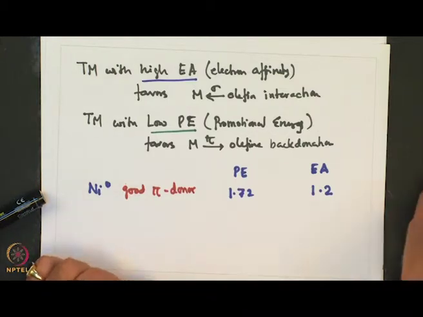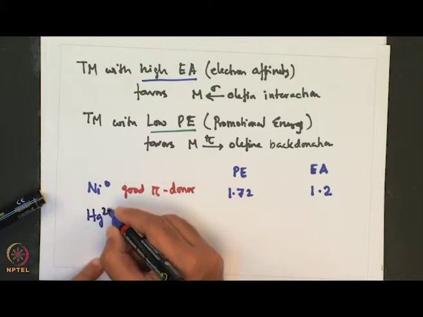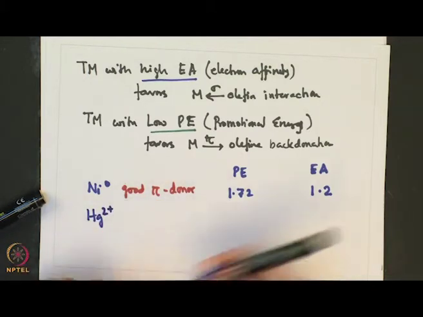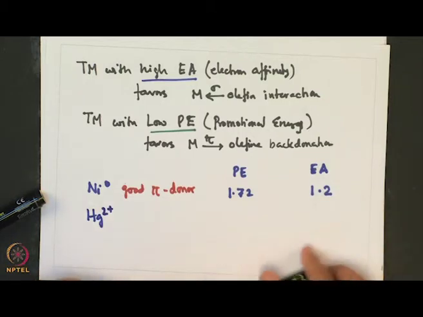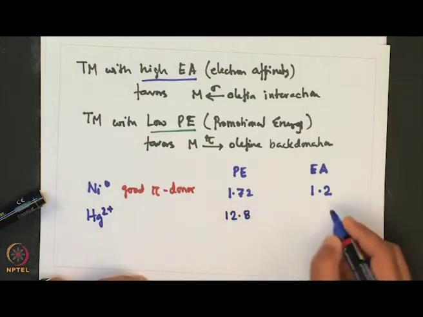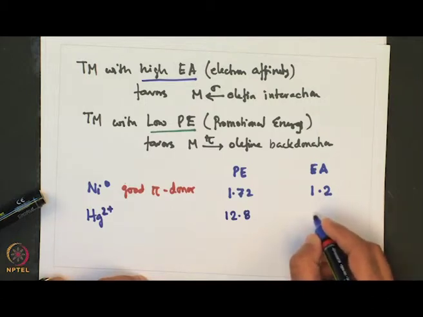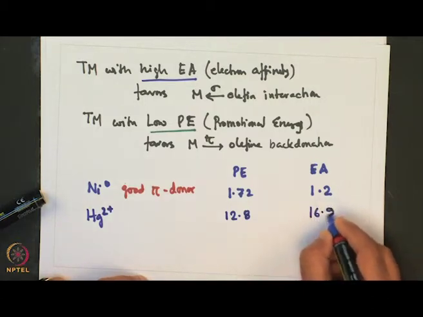For example, let us now move to mercury, Hg 2 plus. The corresponding promotional energy value is now 12.8 and the electron affinity value is 16.9.